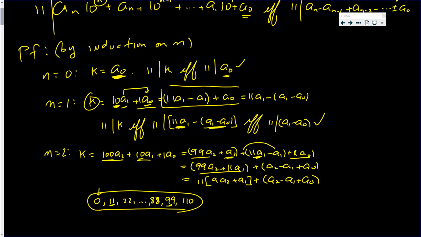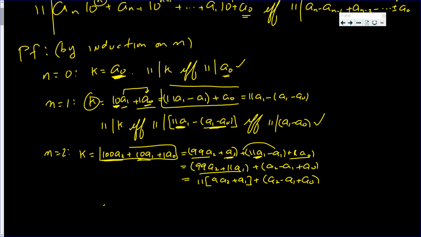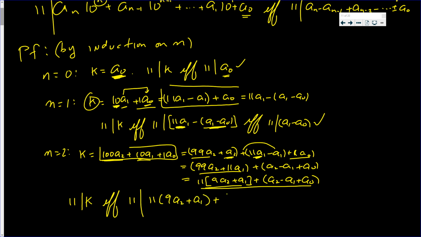Okay, so now we are in good position. This number k is the same as this number. 11 divides k if and only if 11 divides 11 times 9a2 plus a1 plus a2 minus a1 plus a0.